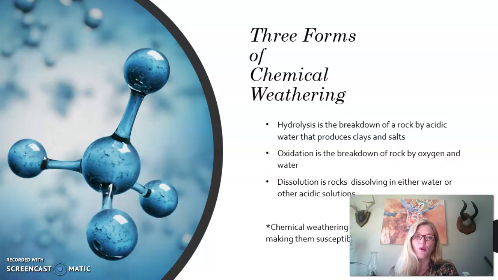Three forms of chemical weathering are hydrolysis, which is the breakdown of rock by acidic water that produces clays and salts, oxidization, which is the breakdown of rock by oxygen and water, and dissolution, which is rocks dissolving in either water or other acidic solutions. Chemical weathering can actually soften the surrounding rocks, making them susceptible to more mechanical weathering.